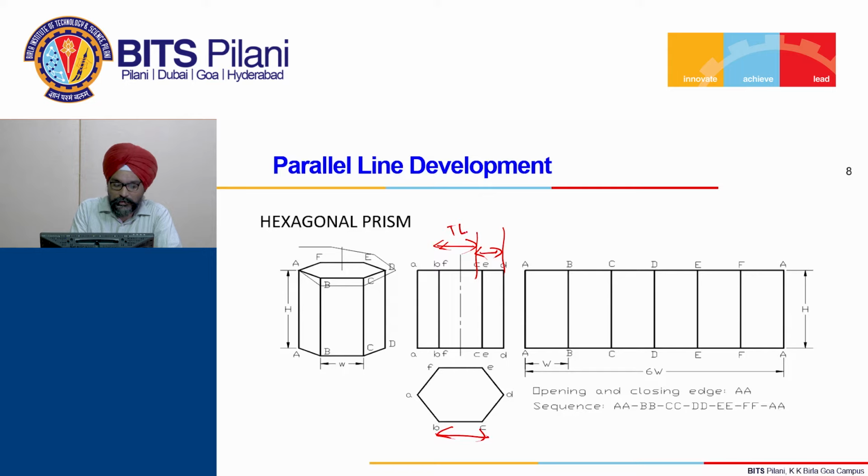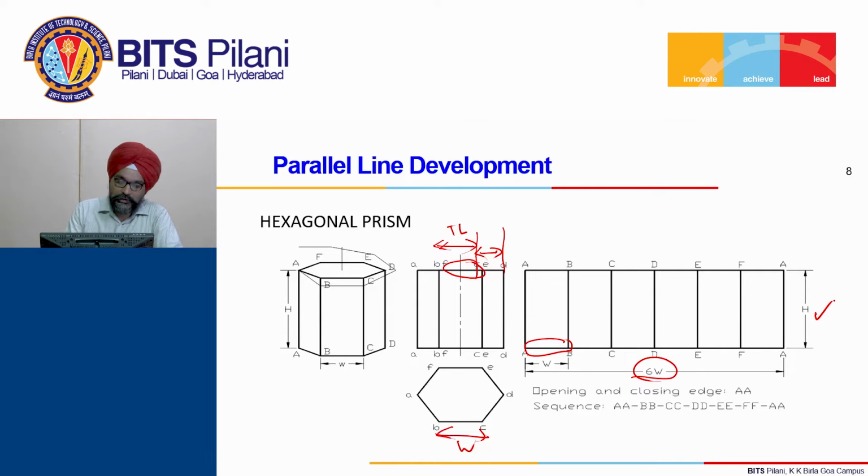Wherever the base edge has true length, you can use that length. You pick up that much length and put it up here. If it was W, then 6 W we have to keep as the length of the development, and the height will be the same as h. That is similar to the cylinder. That is how you carry out the development for the prism.